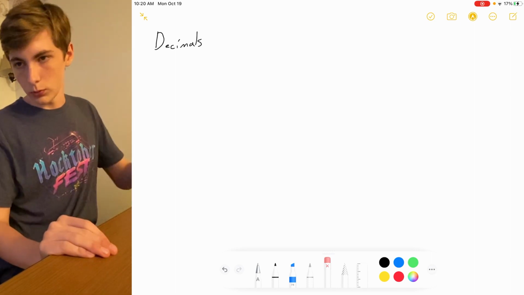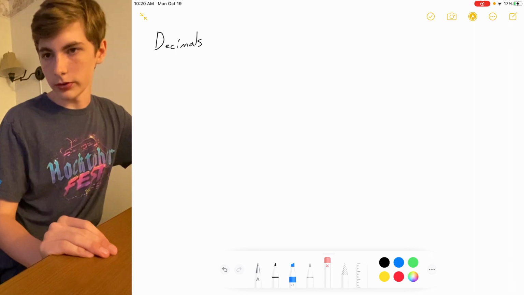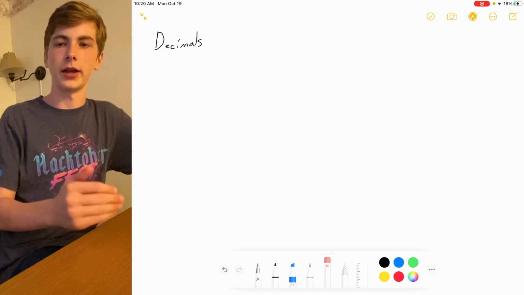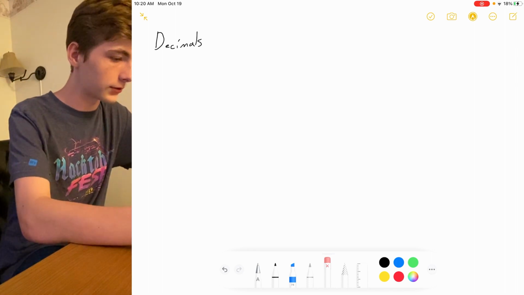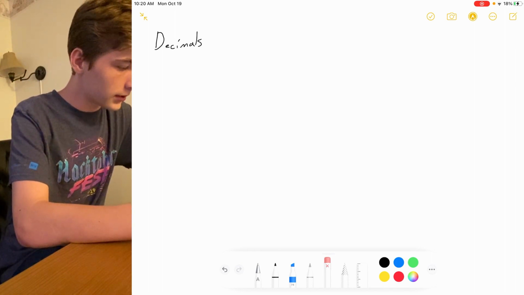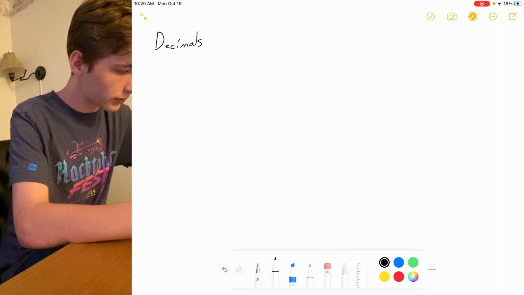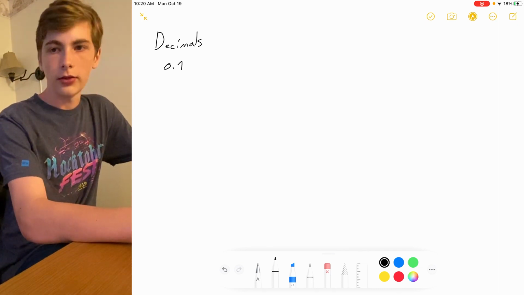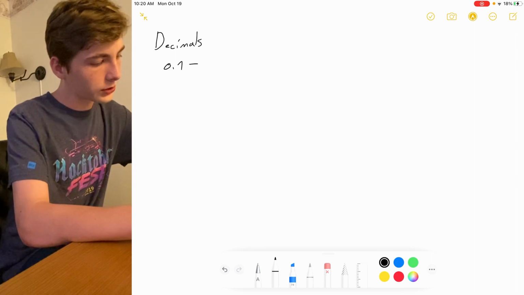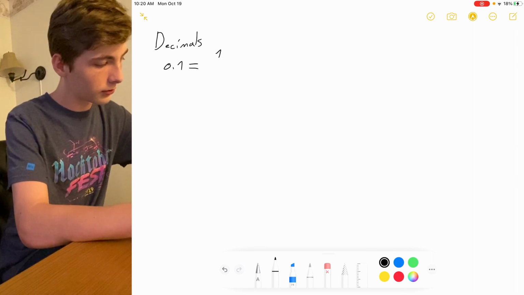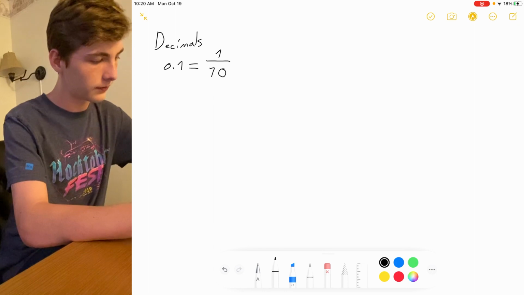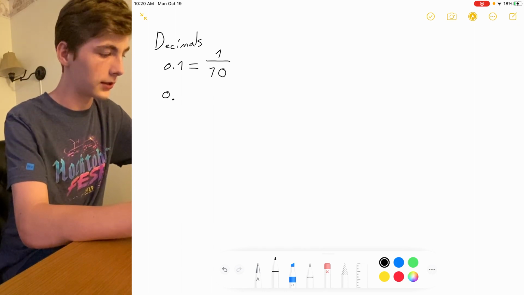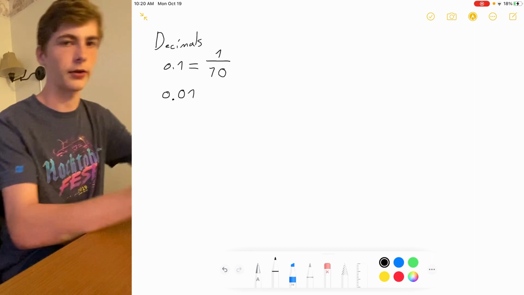So basically, a decimal is just a way of writing fractions that have denominators with powers of 10. What I mean by that is, if we have the decimal 0.1, right, then that is equal to the fraction 1 divided by 10. Okay, if I have a 0 point, and that's kind of how we talk about decimals.